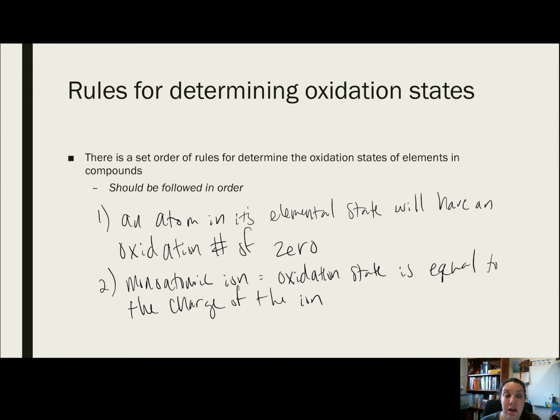And keep in mind that the sum of all oxidation states of the elements in the compound or polyatomic ion must equal the overall charge of the compound or ion.